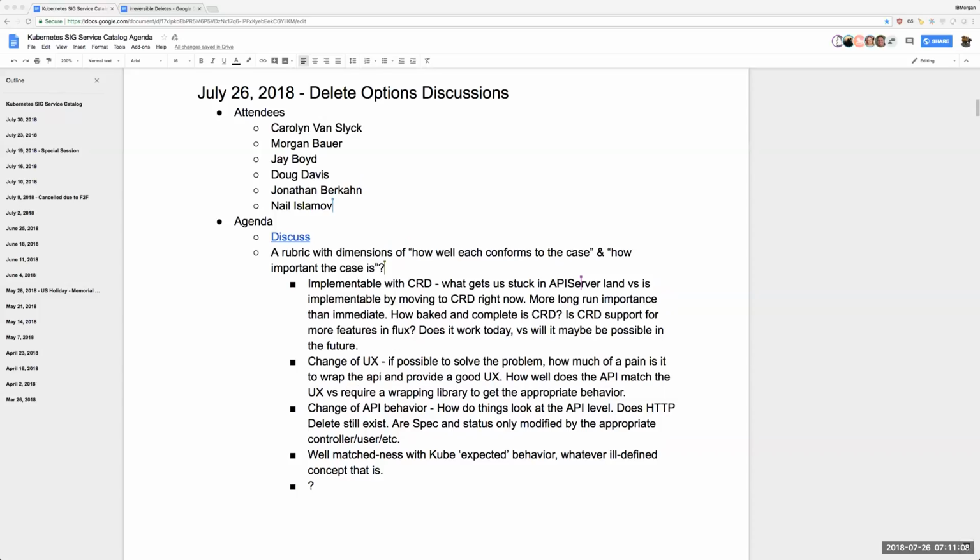They already have admission webhooks and other ways of intercepting requests, so I think they would say that there are already ways of customizing the behavior. It's just not the one proposed there.